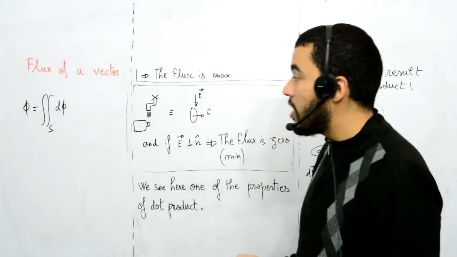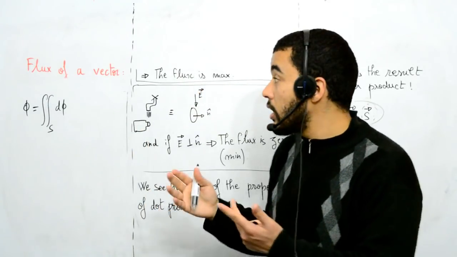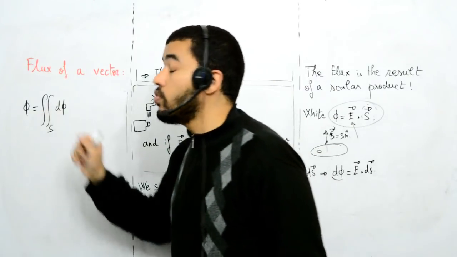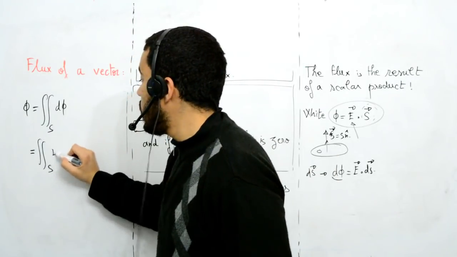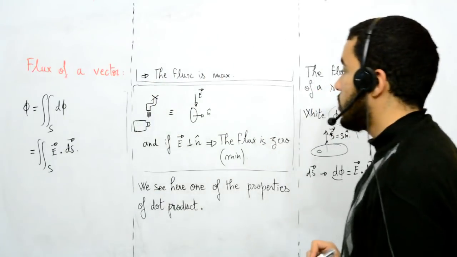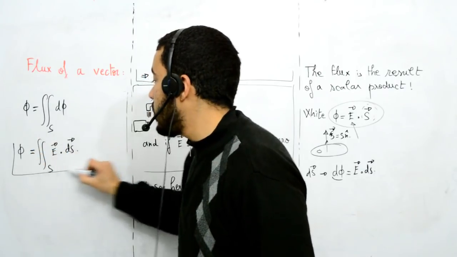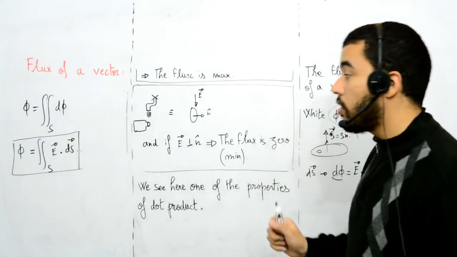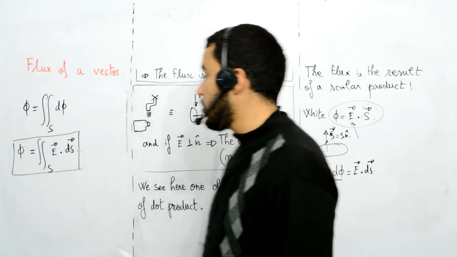We have a double integral because the surface has two dimensions. Phi equals the double integral of E dot dS. So this is the expression of the flux of a vector through this surface S.